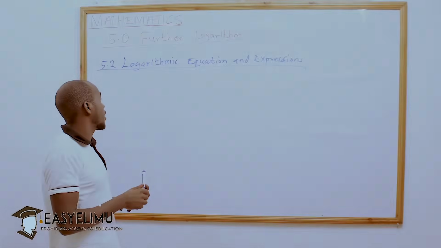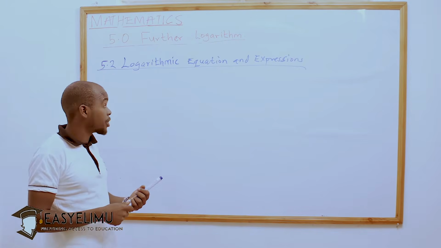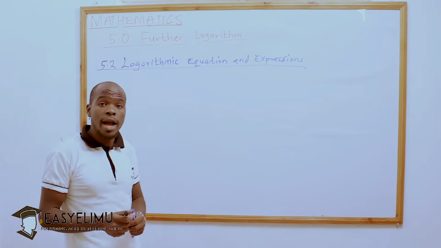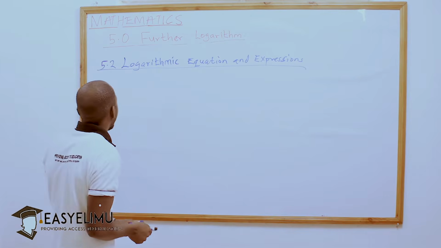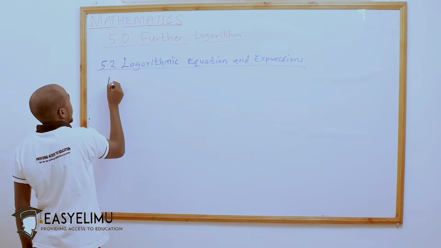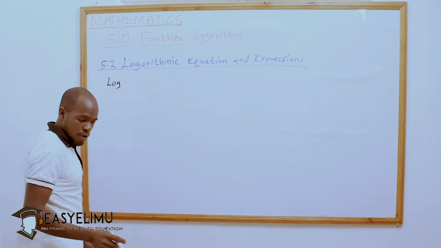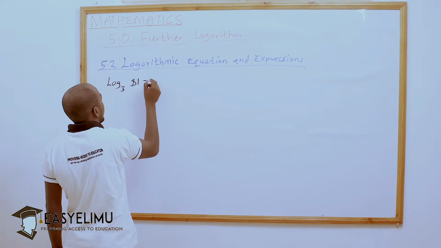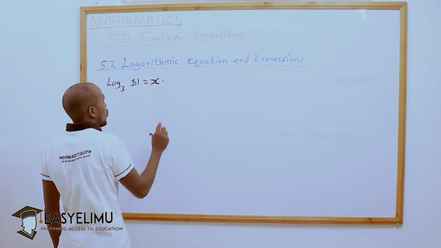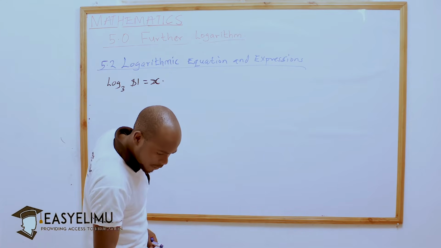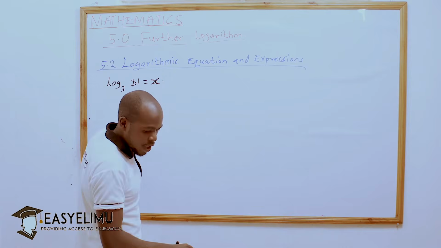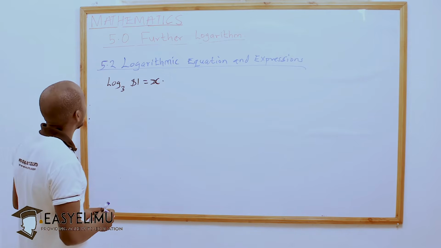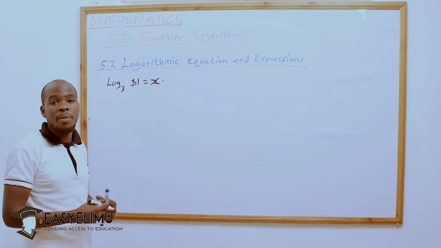Let's see how we can find that logarithmic equations and expression. And we can involve some of the equations here, like log to the base of 3 of 81 equals x. So we are required to solve for x. Here remember one thing.